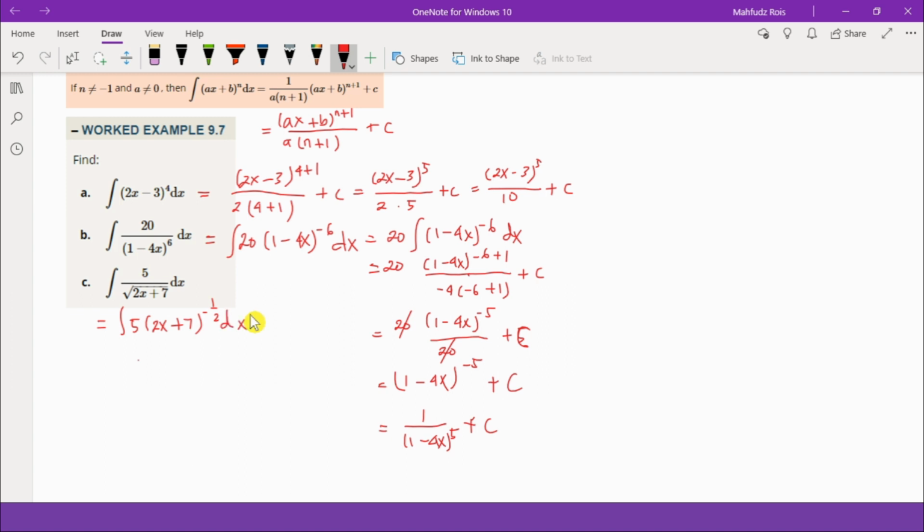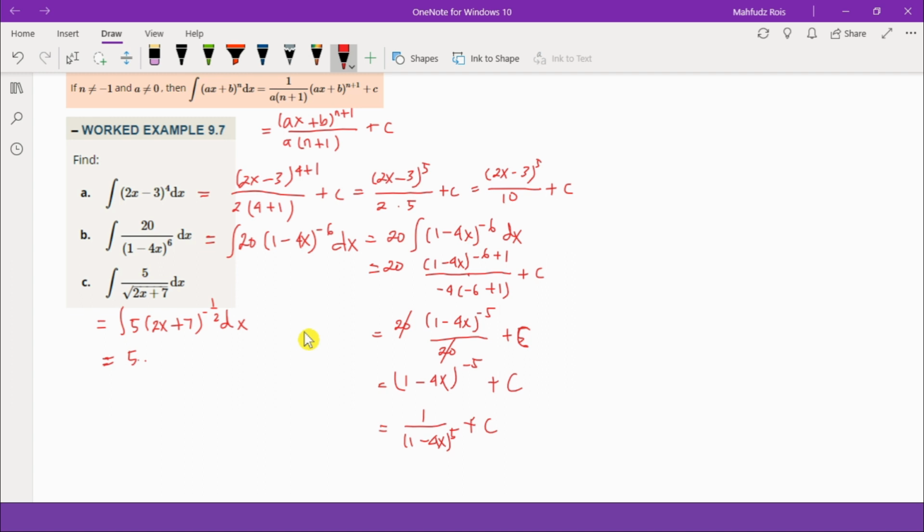Okay, in integration you need to change all into power form, so that it will be easier to use the formula of integration. Now it is like B, so we can take 5 out or just put it in front of, and then we can use the formula.